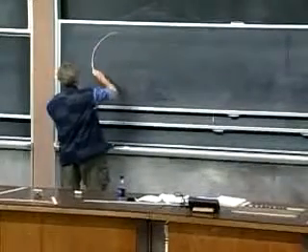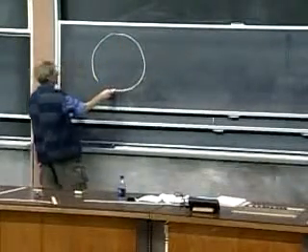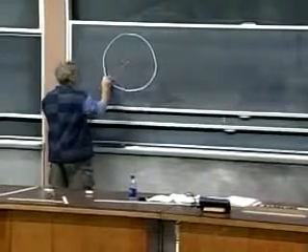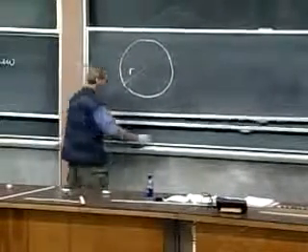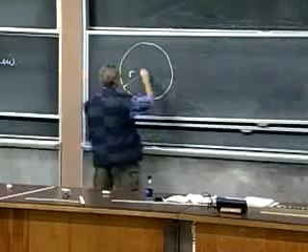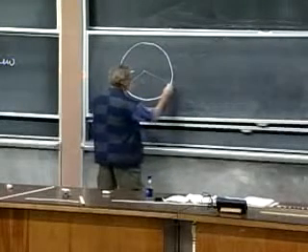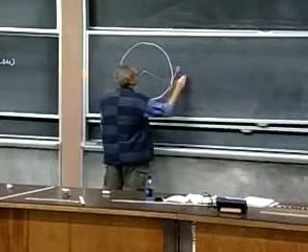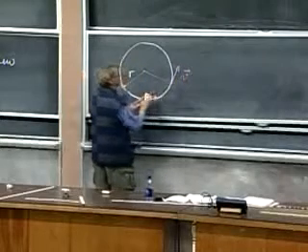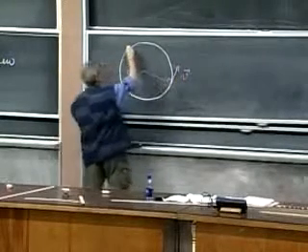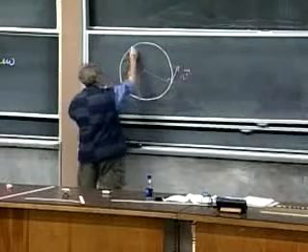So here we have our circle. Let this be radius r. And at this moment in time, the object is here, has a certain velocity. This is 90 degrees. And later in time, the object is here.